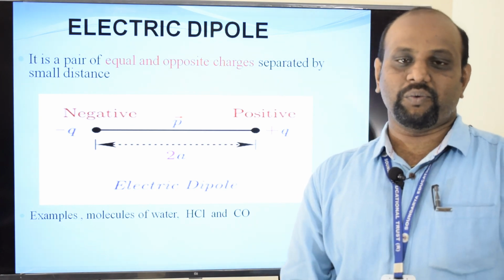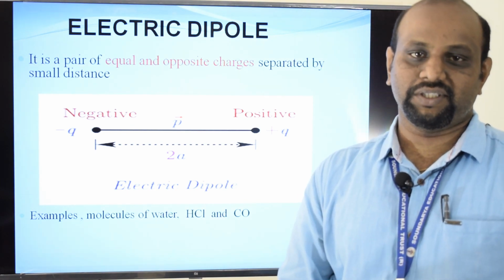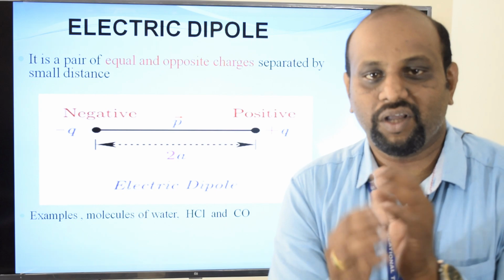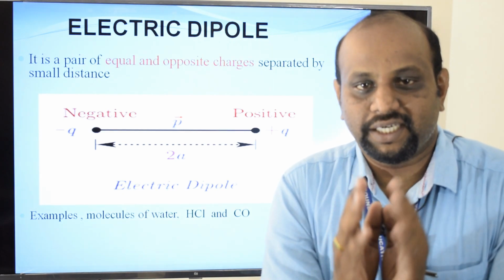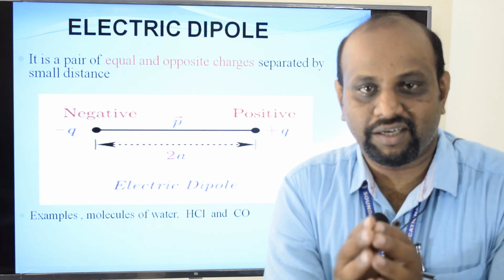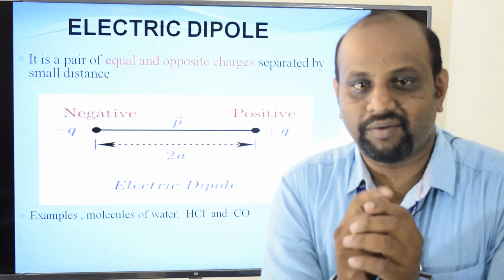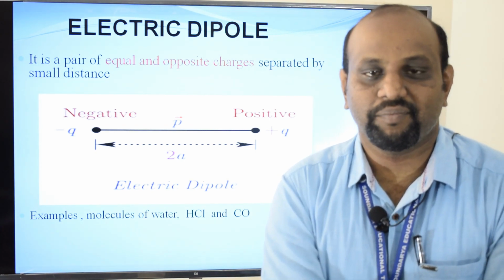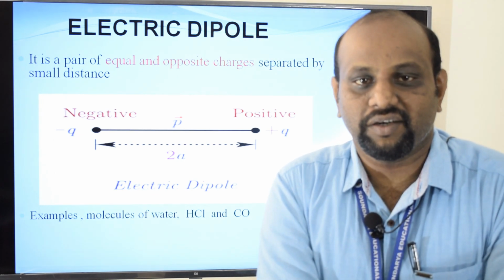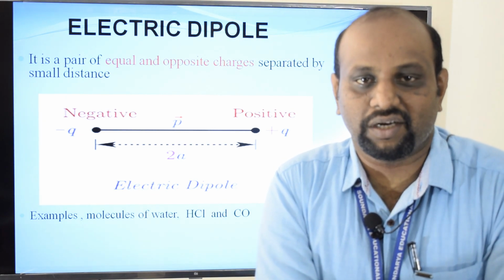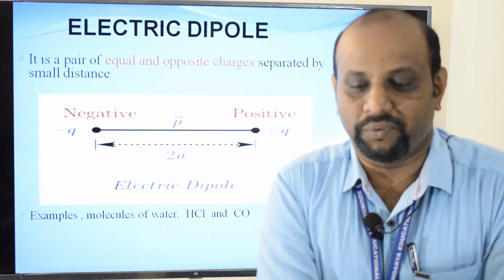This type of molecules are called polar molecules. What is meant by polar molecules? Polar molecules are those in which the center of positive charge and the center of negative charge do not coincide with each other.